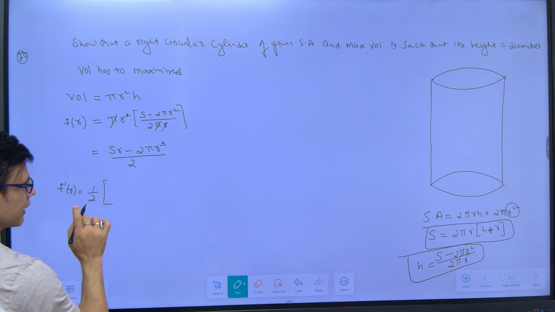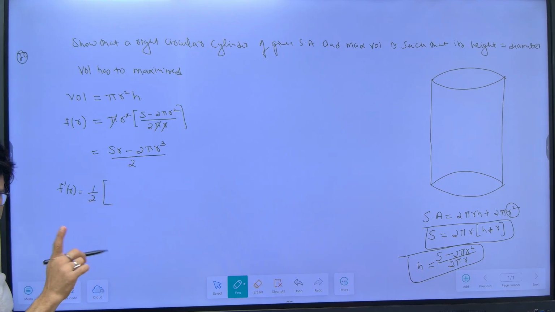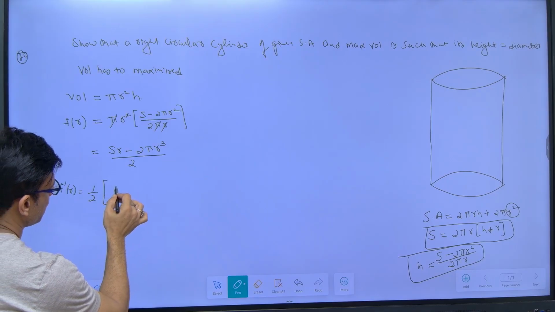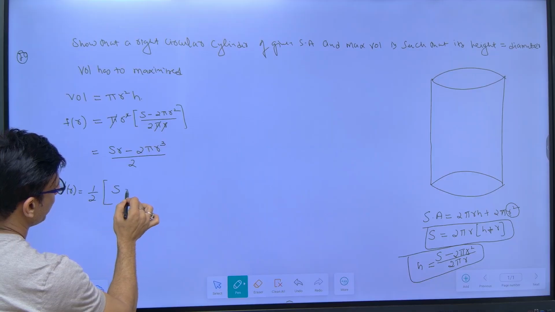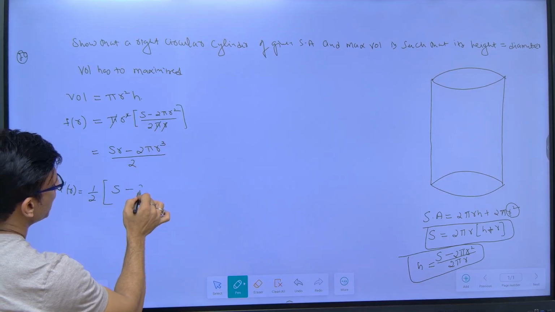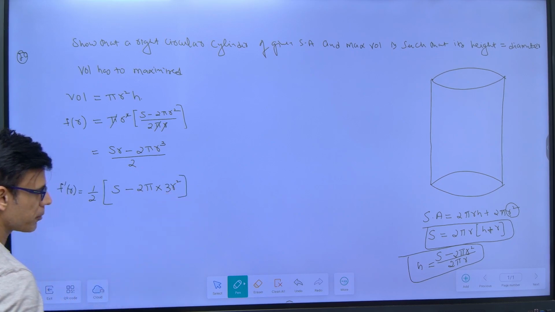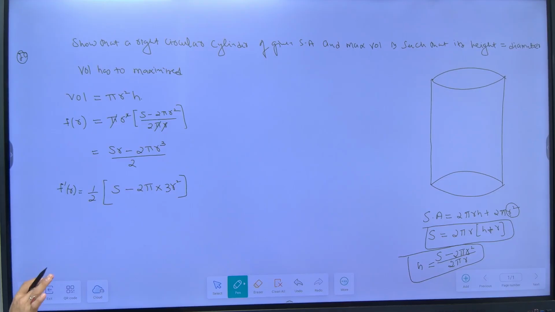Differentiation of S R: S is constant, so R's differentiation will be S into 1, right? Minus 2 pi constant, R cube is 3R square. Wait.